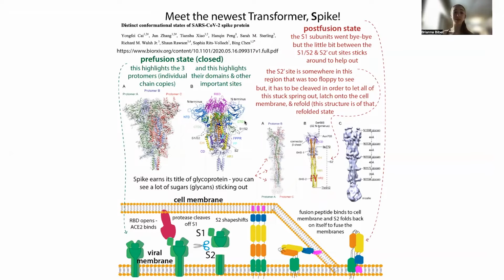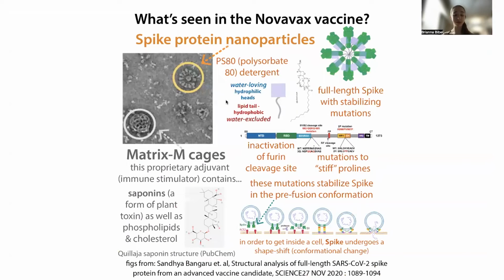And this was really, really important because having those structures helped them understand how this could bind to cells, how antibodies may or may not bind, things like this. And this stabilized conformation has actually been used in vaccines like the Novavax vaccine, as well as other mRNA vaccines, to stabilize it in the state that's best for the immune system to recognize and make antibodies against.